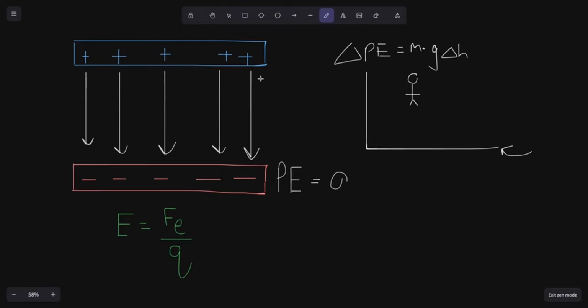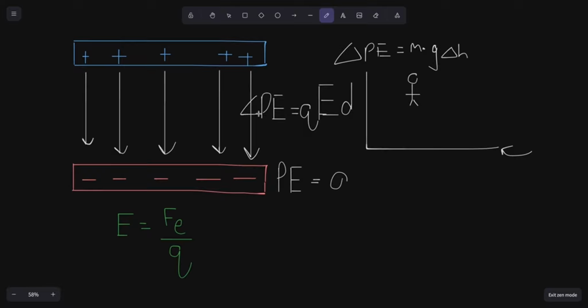Now, it's going to be a little bit different, obviously, because we're not going to be dealing with height. We're going to be dealing with distance from the negative plate instead of height. And so the formula for potential energy in electrostatics is equal to the charge, which you can think about as mass, times the electric field strength, which we thought about as gravity before, and instead of the change in height, it's just going to be the displacement, or the distance away from the negative plate.